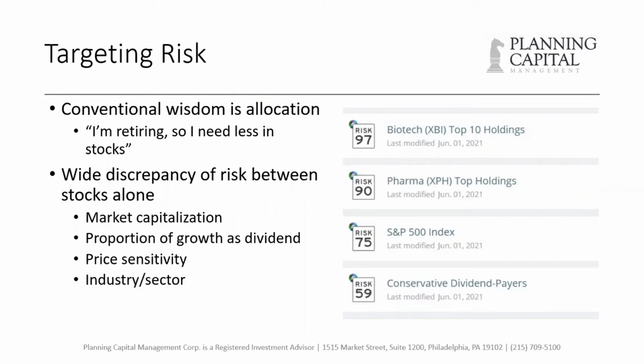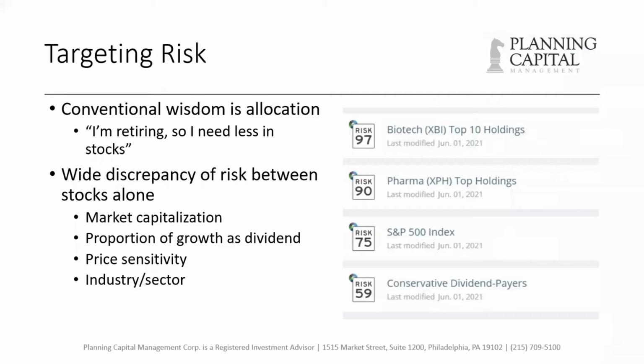This could be very similar for, I'm young, I can take a lot of risk, or I can be 100% in stocks. So the conventional wisdom is, how much do you have in stocks? How much do you have in bonds? But what I would like to look at is the risk spread in different types of stock.